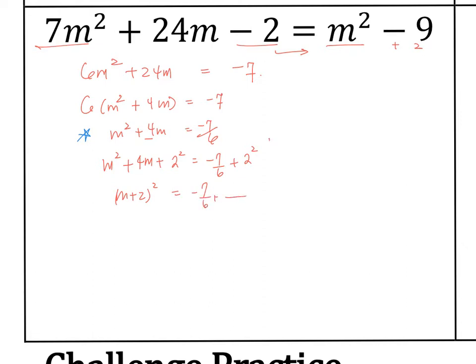So this would be 4, and I could rewrite this as 24 over 6, which is still 4. This will be 17 over 6, and we're ready to square both sides.